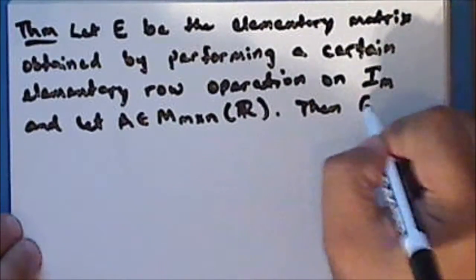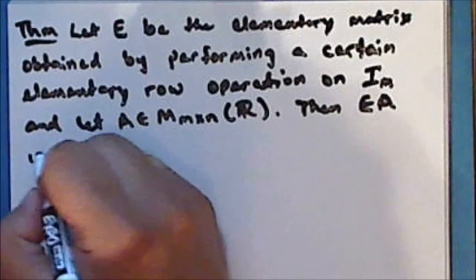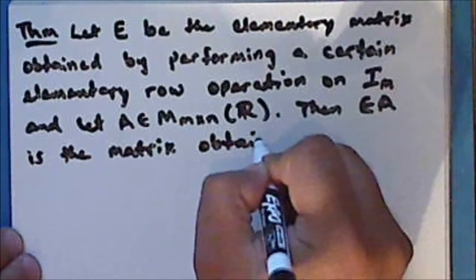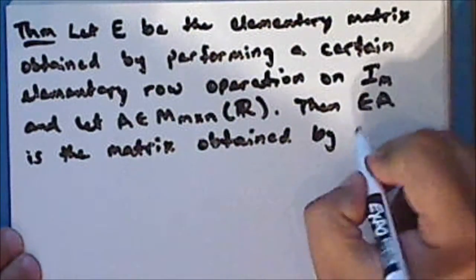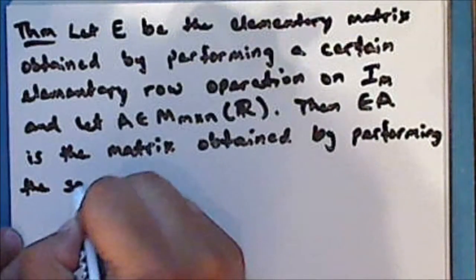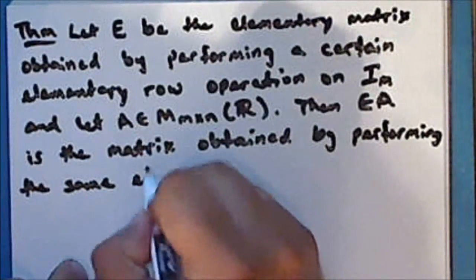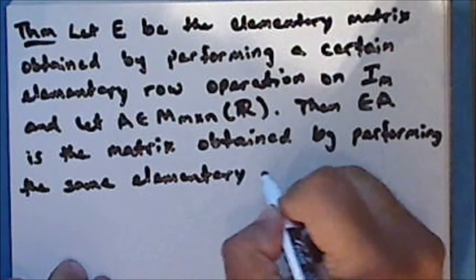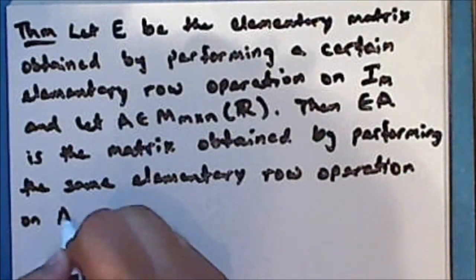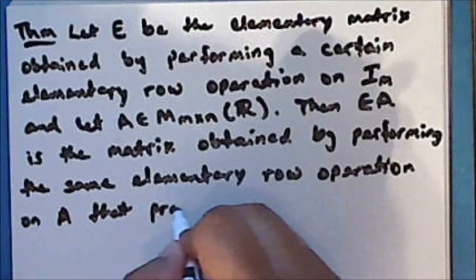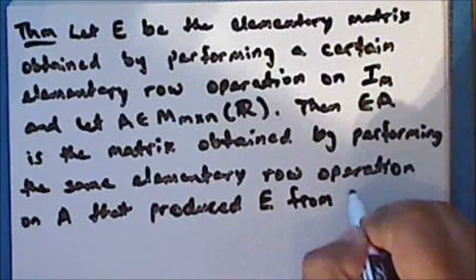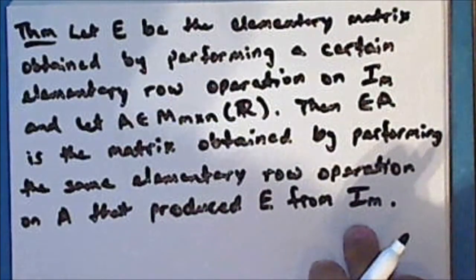Then the product E times A is the matrix obtained by performing the same elementary row operation on the matrix A that produced the elementary matrix E from the square identity matrix of order M.